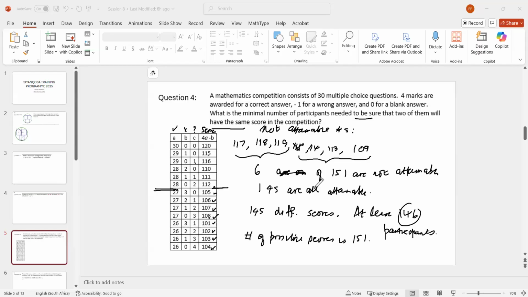That is why we had to do all these other things here, because there are 145 different scores. If you had 145 participants, you can get 145 different scores, because each one will have a different score, but not with 146. Okay, so that takes care of that problem.